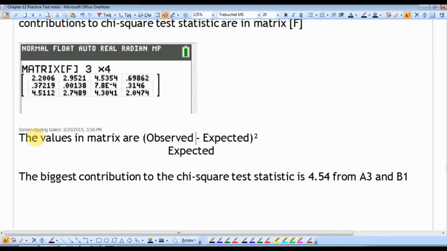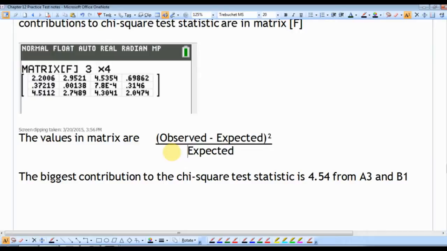It's kind of like a sigma in a way. This is from matrix F. But see what those all are? Those are all the little bits that you added together to get the chi-square.